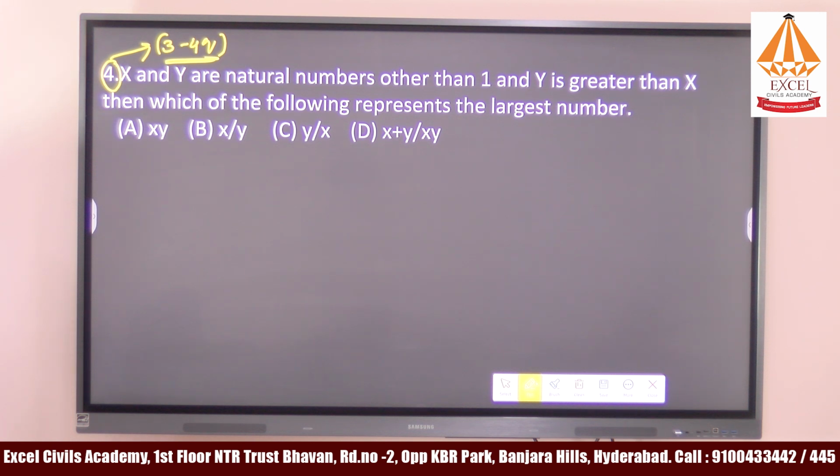All these are called integer numbers, where you don't see any decimals or fractions. Like 3 is an integer, 5 is an integer, 7 is an integer. So it is saying that a and b are integer numbers, not fractions or decimals.